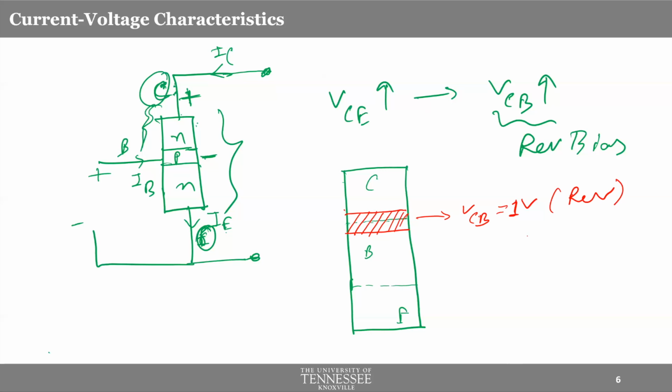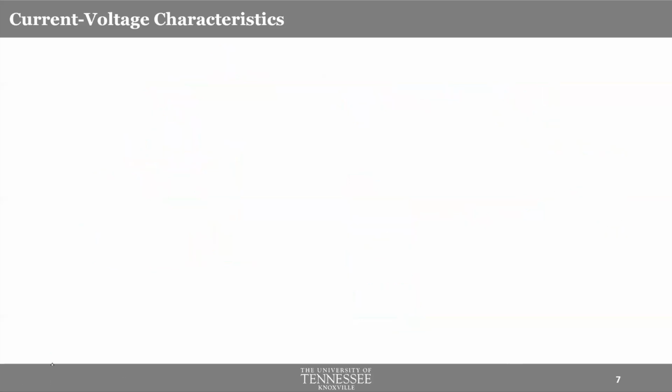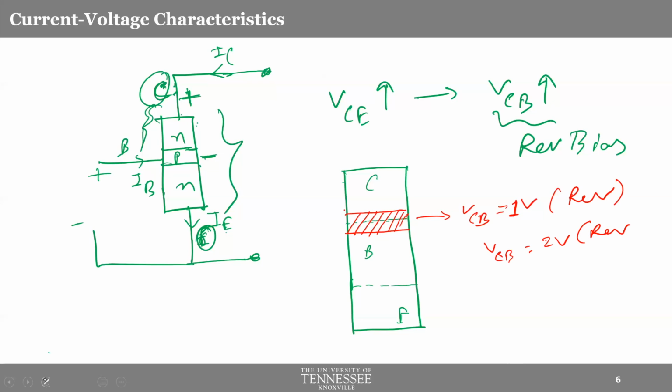Now, when you apply a higher reverse bias voltage, say VCB of 2 volts, again, now let me use another color to make it clear. The depletion layer width will increase further like this, and what that will do is the following.